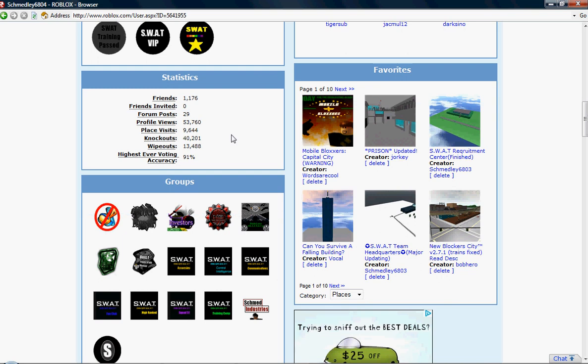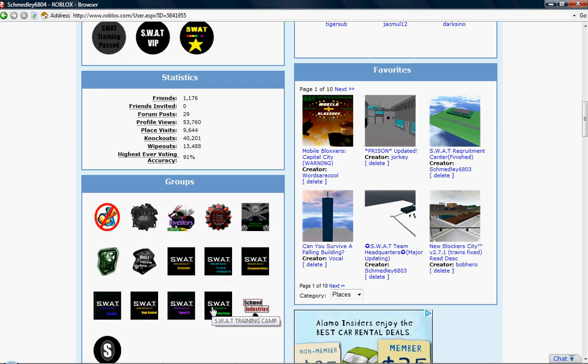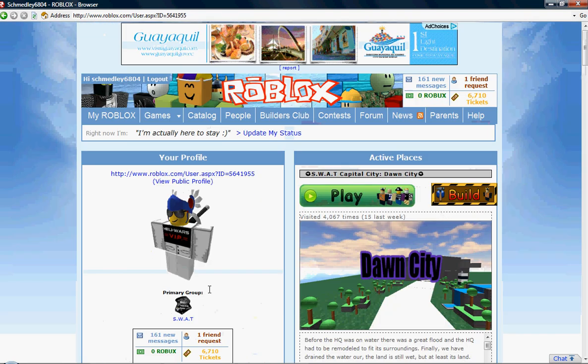And also you're going to want to have different divisions in your group, like Central Intelligence, Communications, Training Camp, an Elite Squad, the High Ranked Club, your Primary Wing, and like a Council. And that's very important too, because if new people to your group are wondering, oh, who's a high rank, they can just go to the high rank division and look at the list of people that are on there and say, oh, I gotta follow this guy.